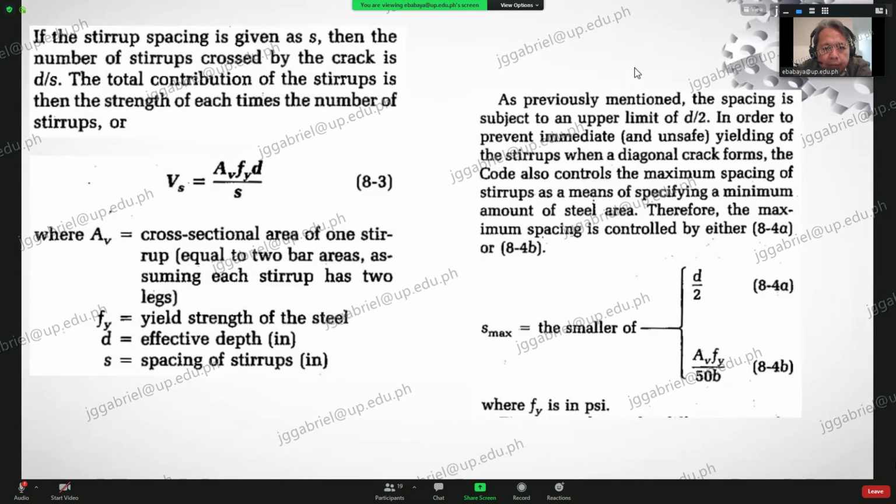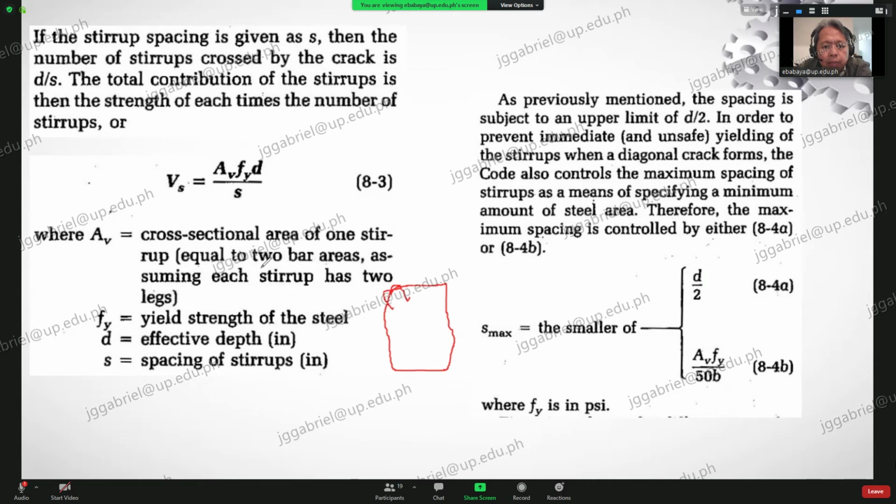Okay. If our stirrup is drawn like this, okay, kaya naging dalawa ito. It says equal to 2 bar areas.